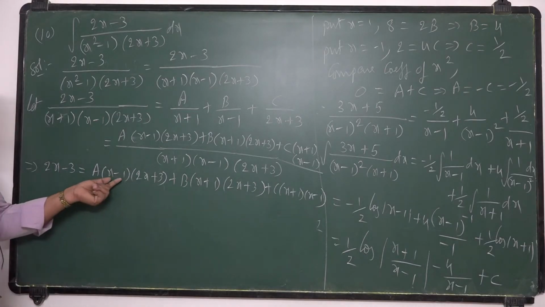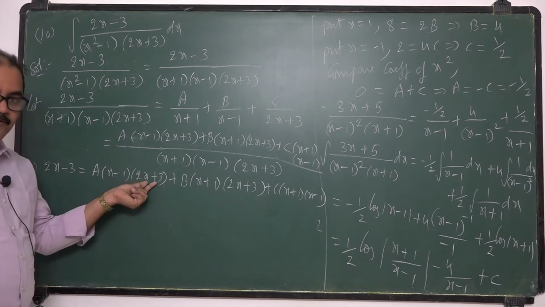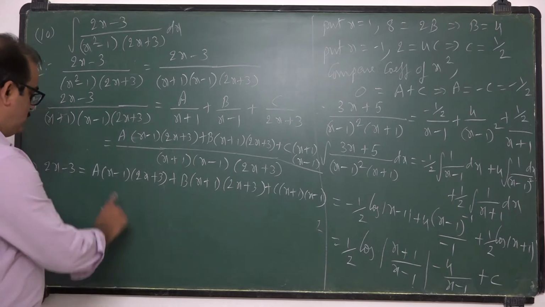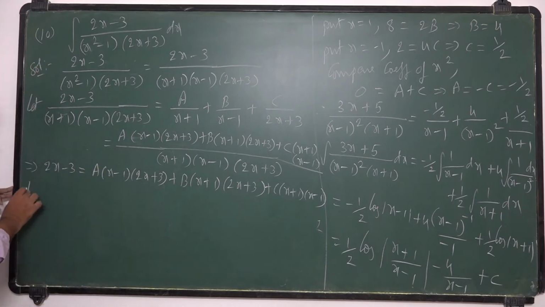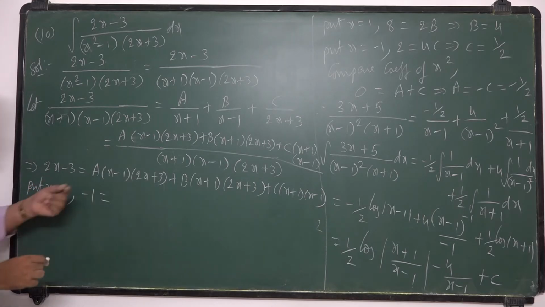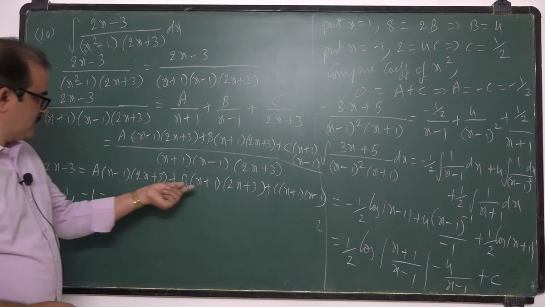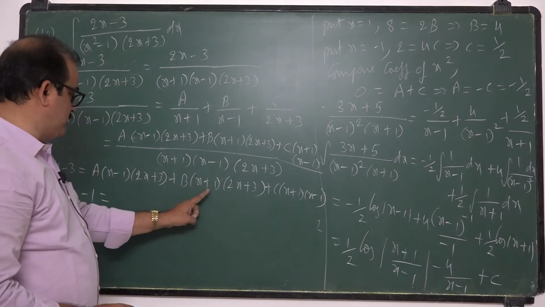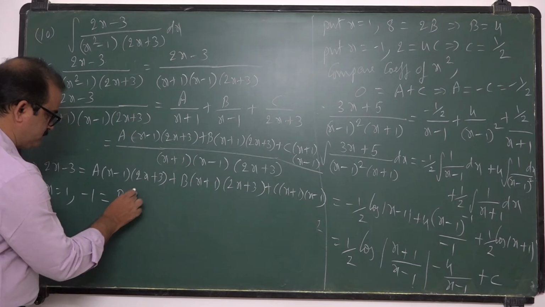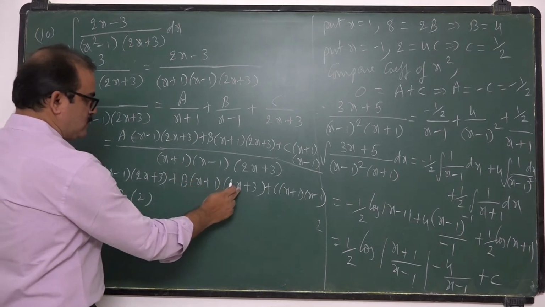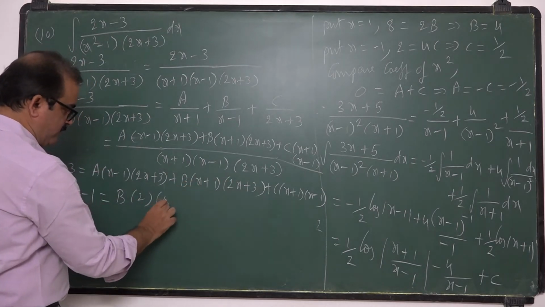Now, when this first term is 0, either you put x is equal to 1 or you put x is equal to minus 3 by 2. First we put x is equal to 1. LHS becomes 2 minus 3, minus 1, is equal to this term 0, plus B into 1 plus 1, 2, into 2 plus 3, 5.